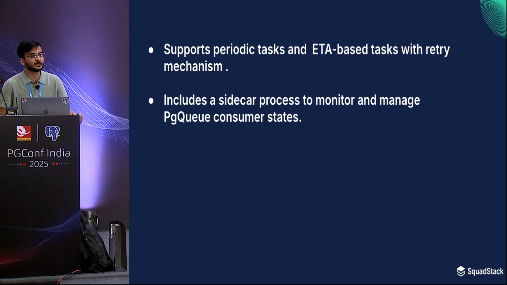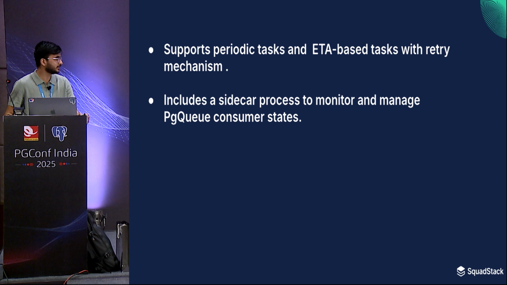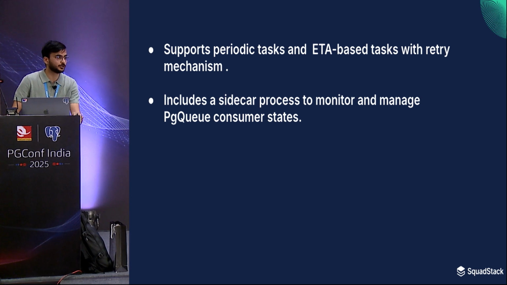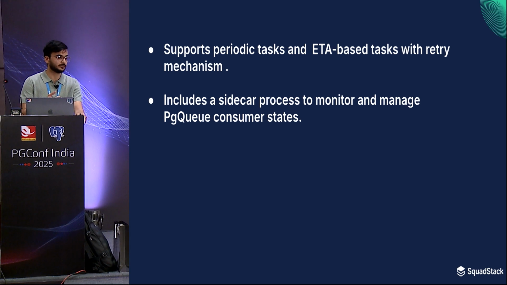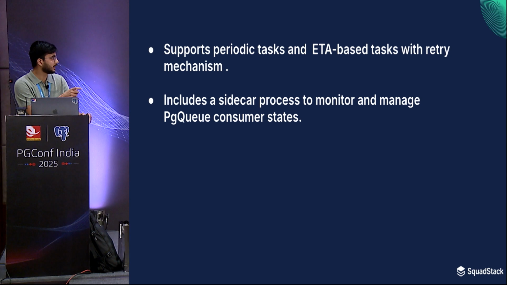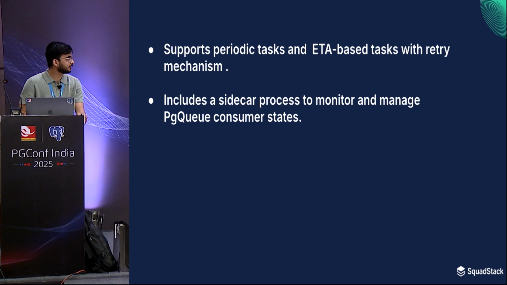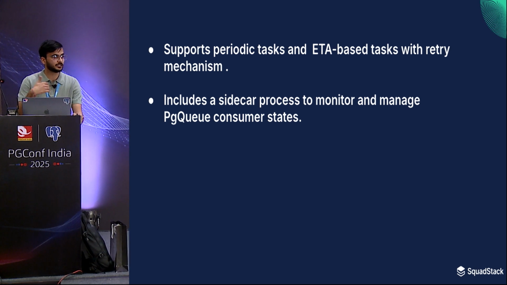Periodic tasks are basically cron tasks, which we have created, so it executes crons. An ETA-based task is basically a delayed task. Let's say I want to execute an asynchronous task after 1 hour of an operation, like after a call. So I can give a pickable_at field, and based on that field, it can execute after that 1 hour.